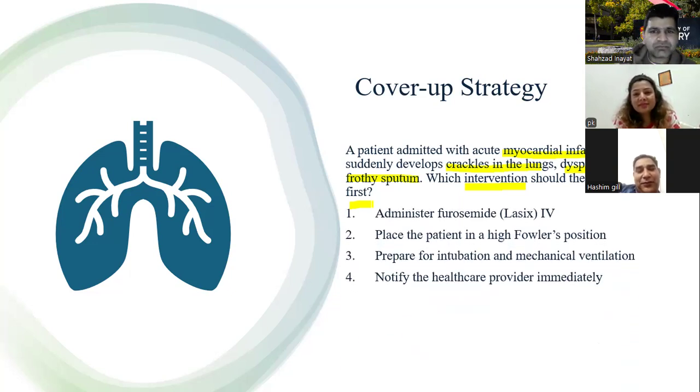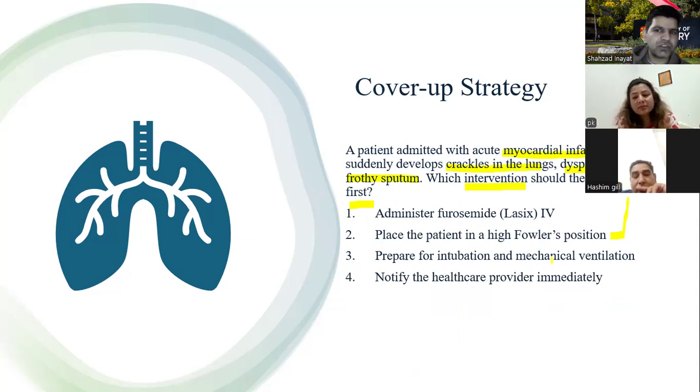So here you can see these are the options in the question. Administer furosemide: yes, we need to administer it, but this is not the priority because it will take approximately 10-15 minutes to start its action and achieve a therapeutic effect. Place the patient in a high Fowler's position: yes, this is the correct option, the first intervention that we need to do.